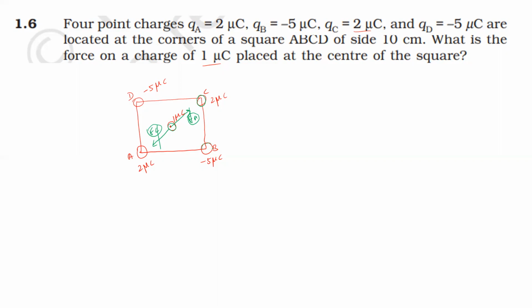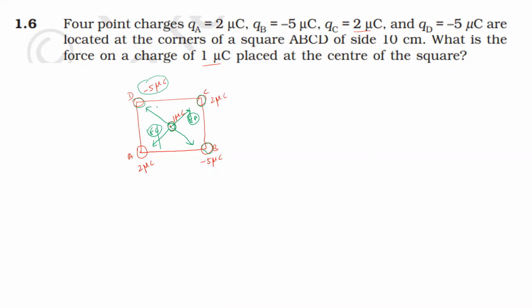The charge at B is negative, and the 1 microcoulomb charge is positive. These two are unlike charges, so B will exert a force on the 1 microcoulomb diagonally towards B. Now this charge D exerts a force on 1 microcoulomb along the diagonal towards D. Since the charge D is minus 5 microcoulomb and this 1 microcoulomb is positive, being unlike charges, an attraction force is there.